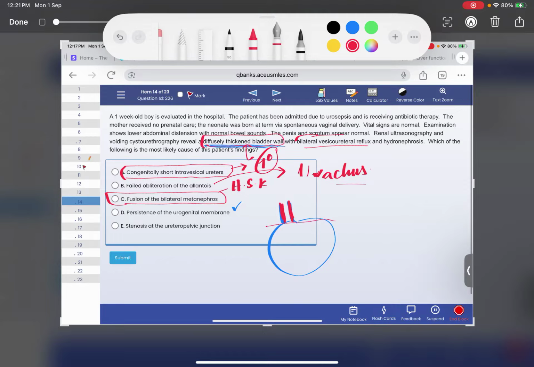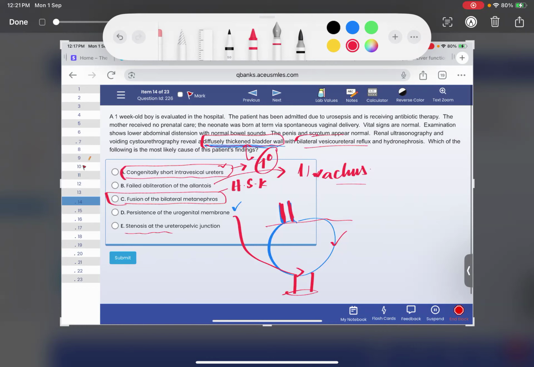The problem is from here, right? Or here, right? So the bladder. We have excluded this, right? This is the Bowman's capsule. Are you getting my point? Persistence of urogenital membrane. Okay, this one is the correct one.